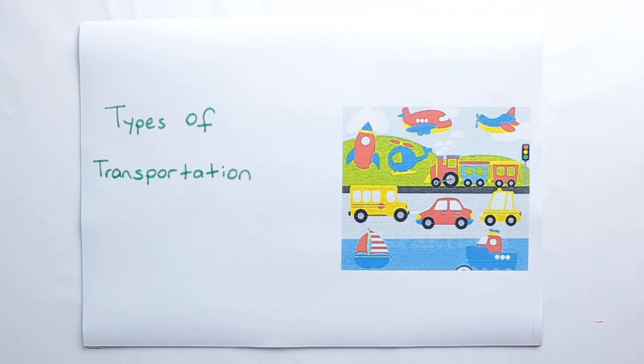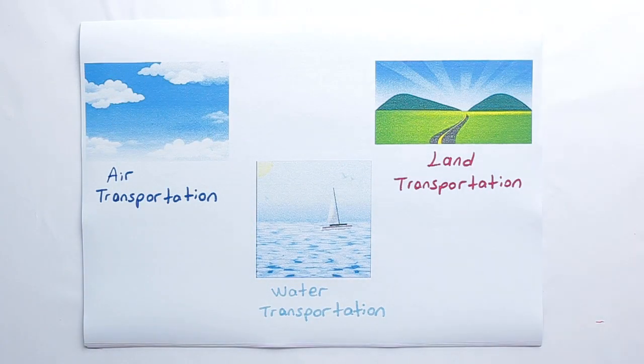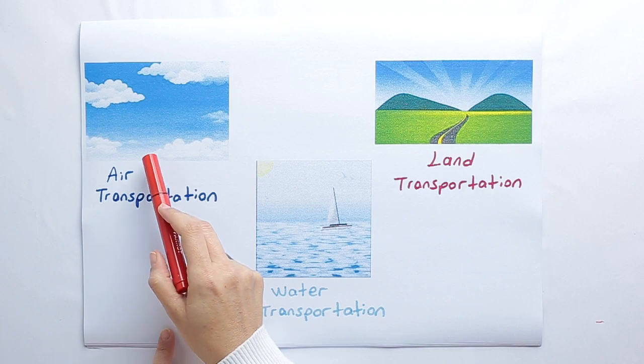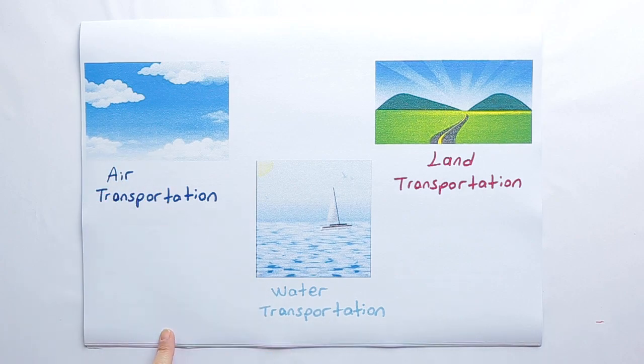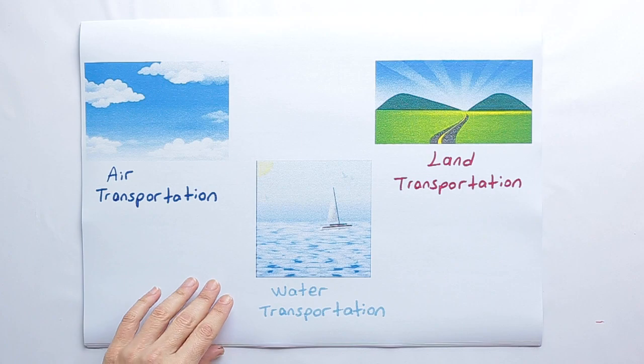Types of transportation. We have 3 types of transportation. The first one is air transportation, the second one is water transportation, and the third one is land transportation.